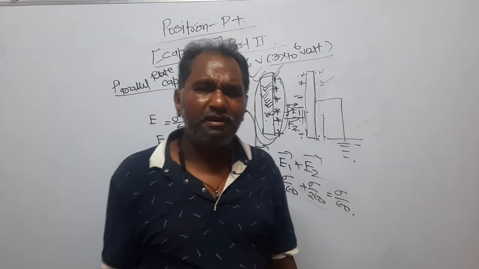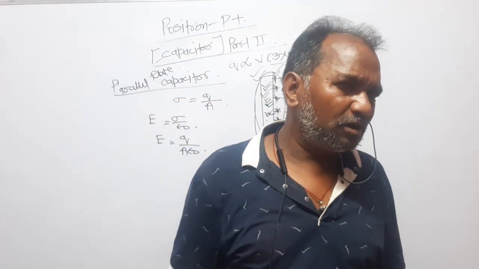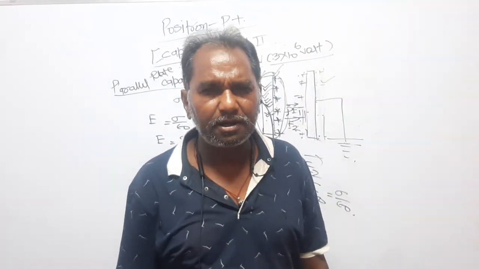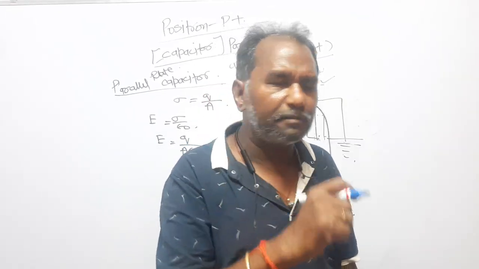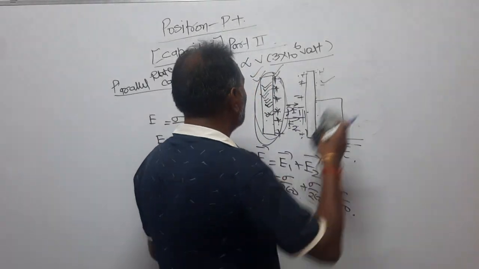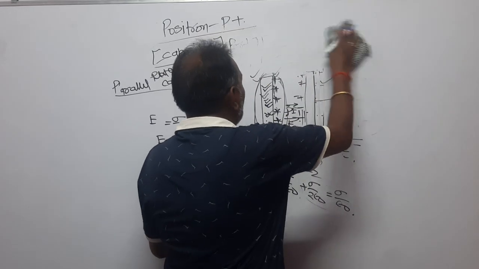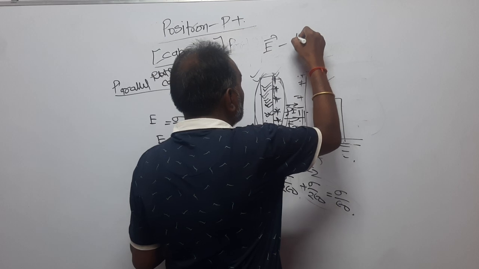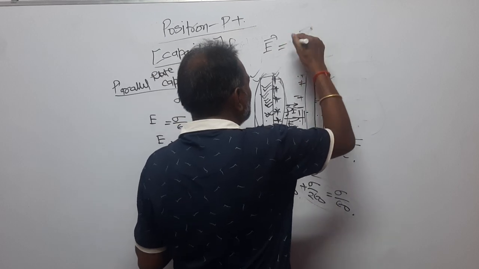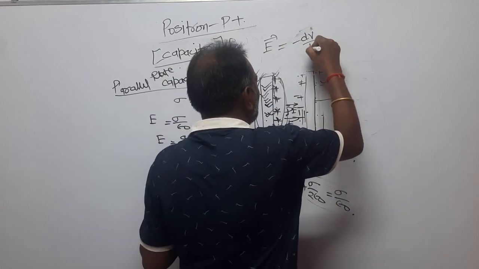Now, electric field: how can you define the electric field? Electric field is represented as the negative gradient of potential. If you know the definition, how do you define the field? E is equal to minus dV upon dr, right?